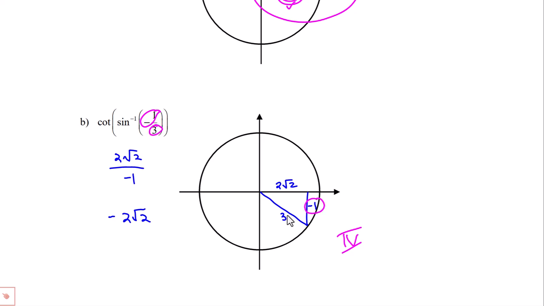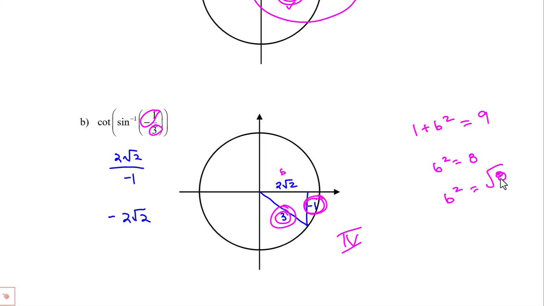The hypotenuse is 3. So if I call this b, negative 1 squared is 1, plus b squared equals, if I call this c, that's 9, and b squared equals 8, and b equals root 8.